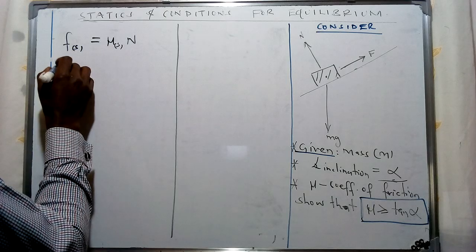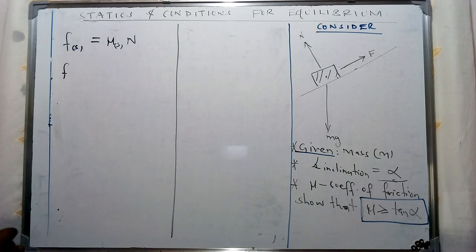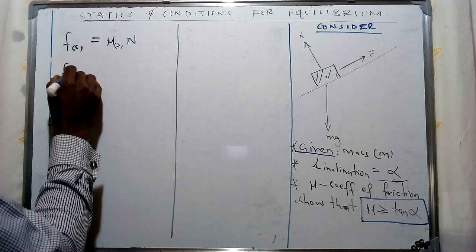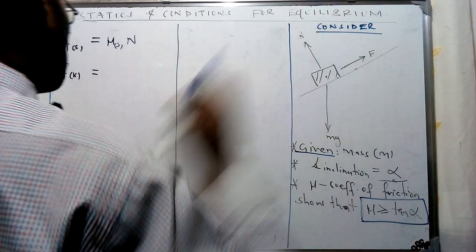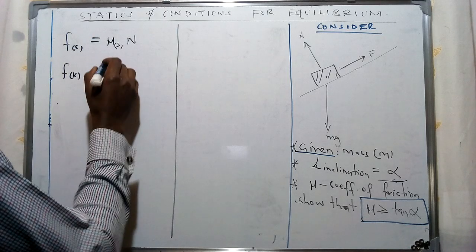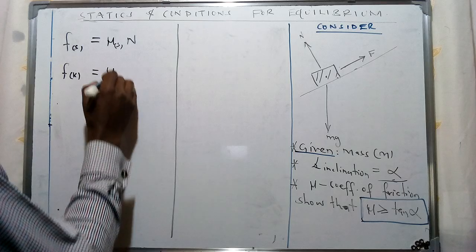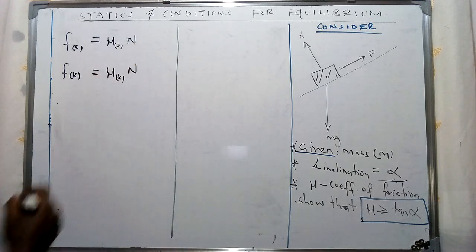Then secondly, we had defined kinetic friction as the friction which is going to be experienced during the motion of an object after static friction has been overcome. And therefore, we said that this is equivalent to the coefficient of kinetic friction times the normal force.